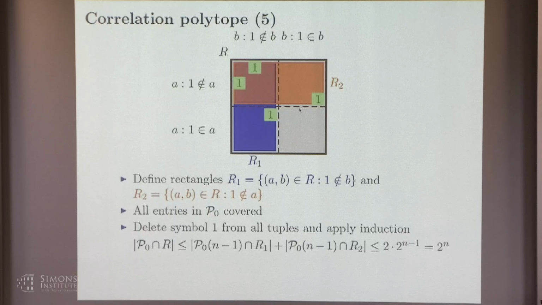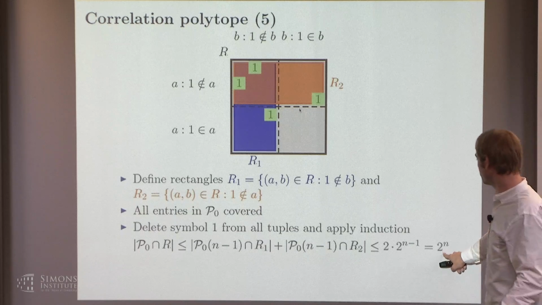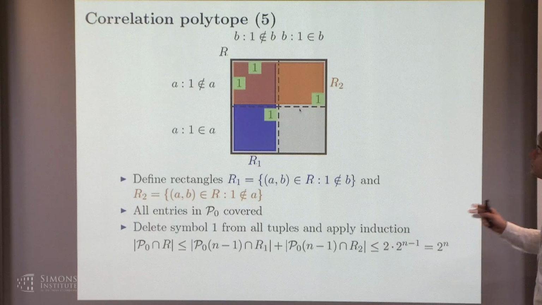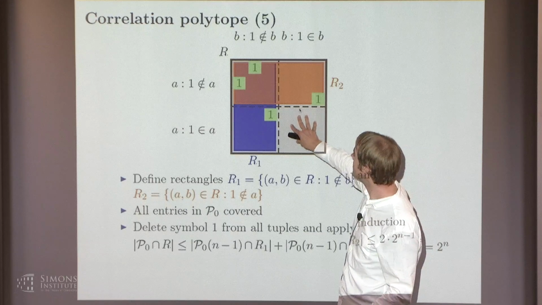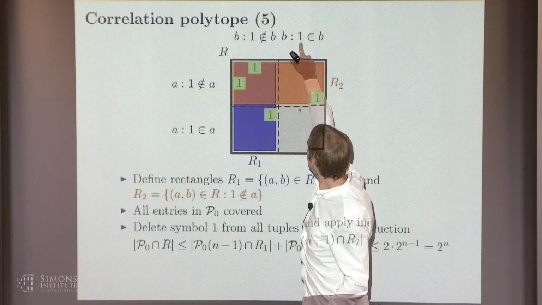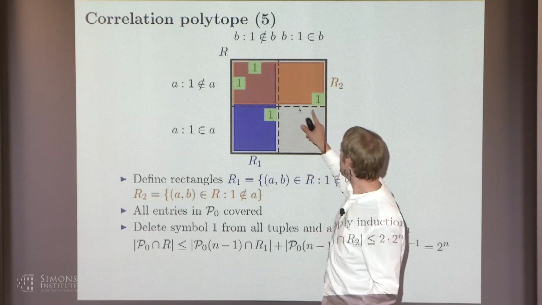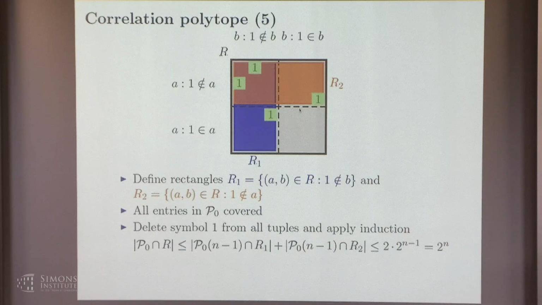That's good. We have our subproblem, we split it into two parts, we apply induction, and everything is good. In particular, we also covered all the entries that are disjoint, because this area here doesn't have disjoint pairs, since 1 would be contained in A and in B. OK, there is an issue here.